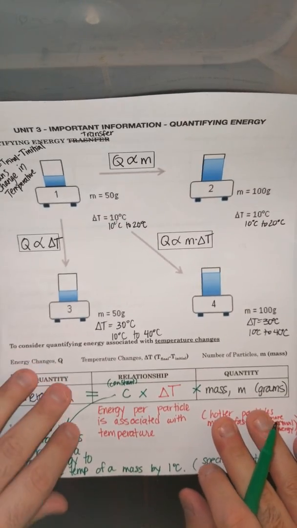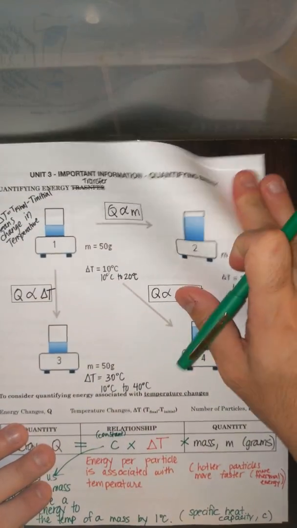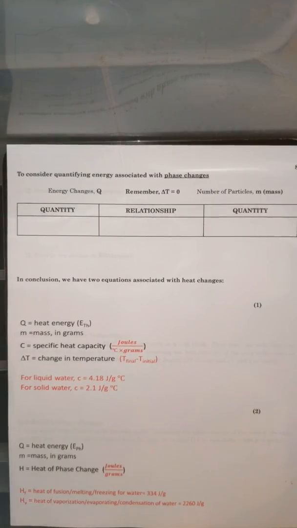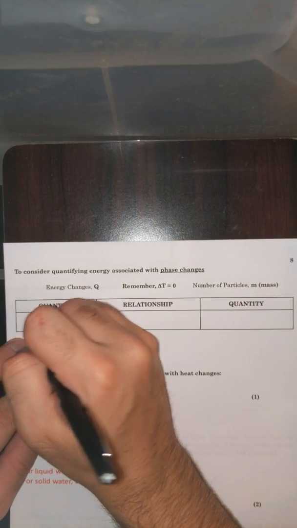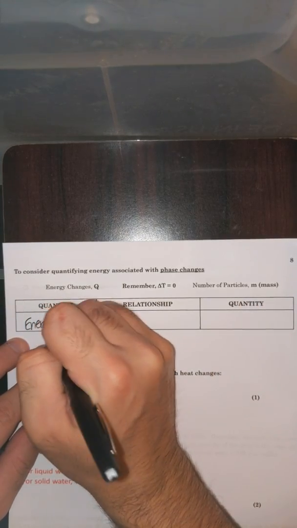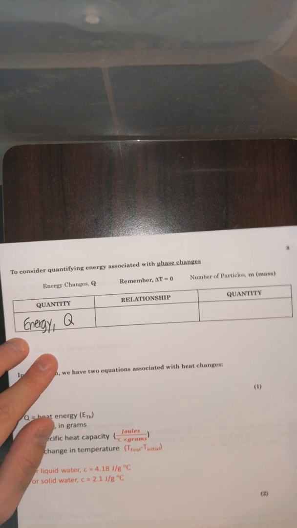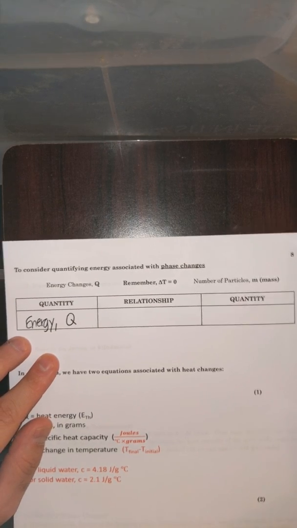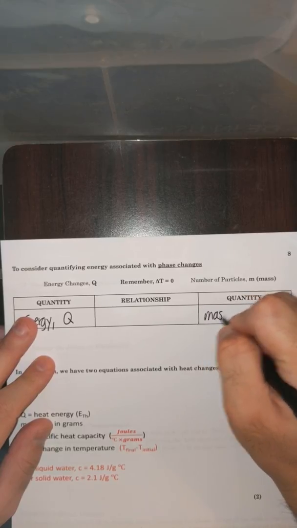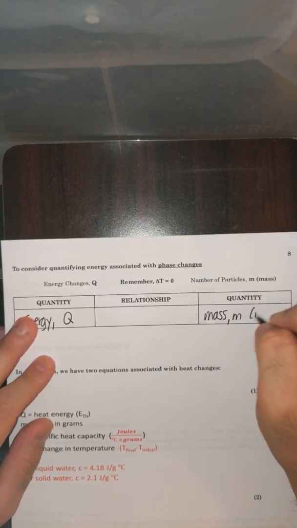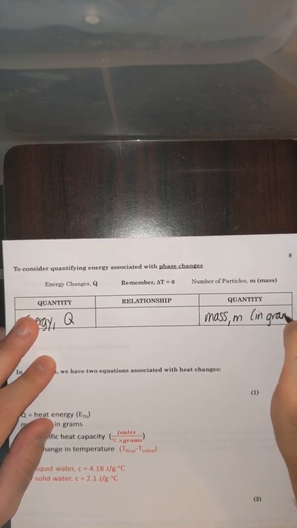All right, now what happens, let's go to the next page. What happens if I don't have a change in temperature? Well, a quantity that I will want and have is energy. And a quantity that I will have will be mass, M, in grams.